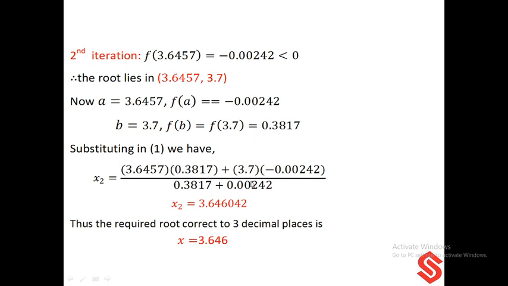Substituting in the formula 1, we get x2 is equal to 3.646042. Now correct to 3 decimal places, we get the required root x is equal to 3.646. So that is the required answer.